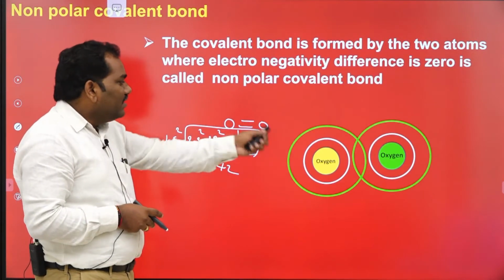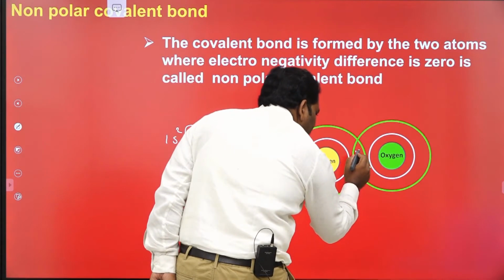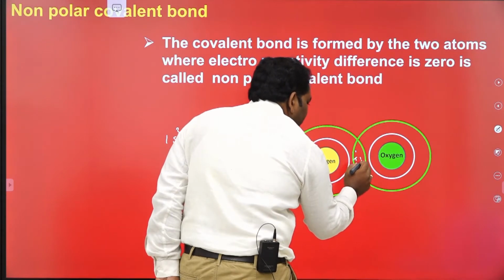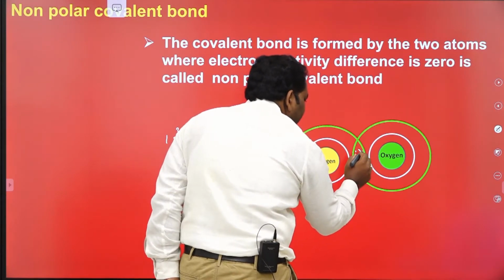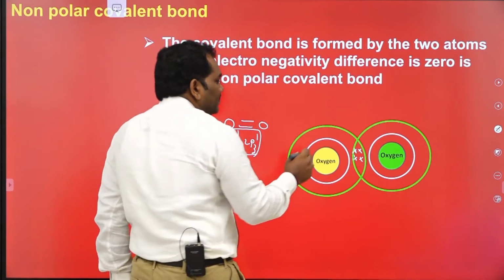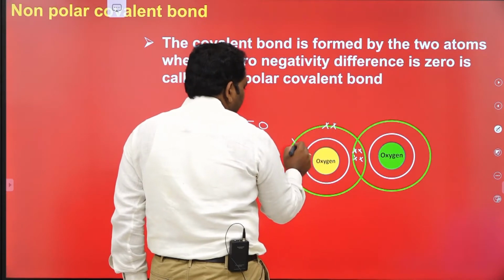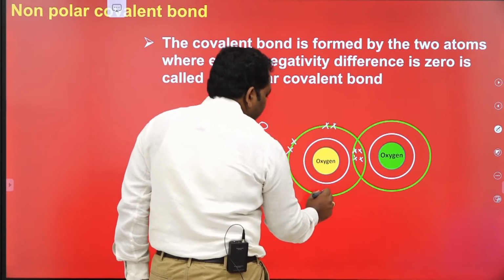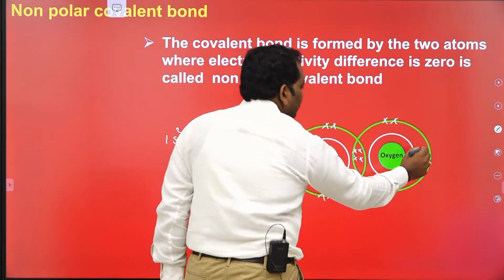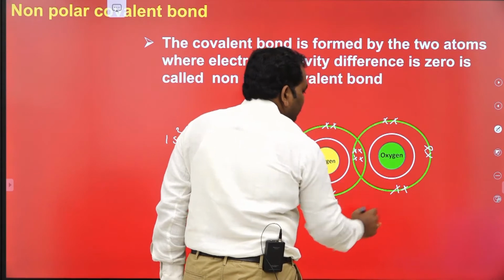That's why, when oxygen combines, 2 electron pairs are shared between the 2 oxygen atoms, like this. The remaining electrons are present like this. Similarly, in this oxygen also, like this.